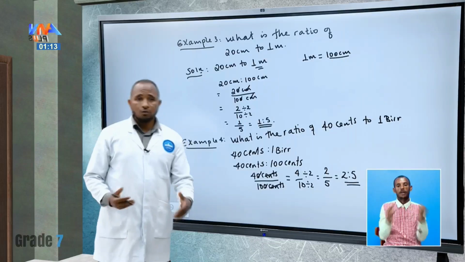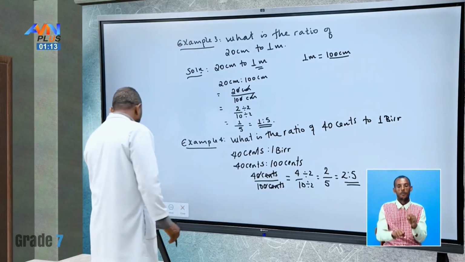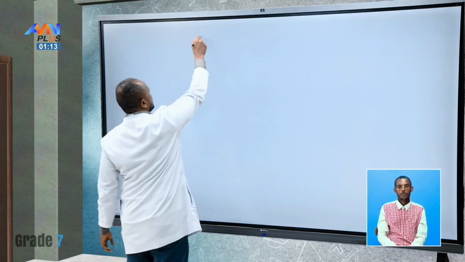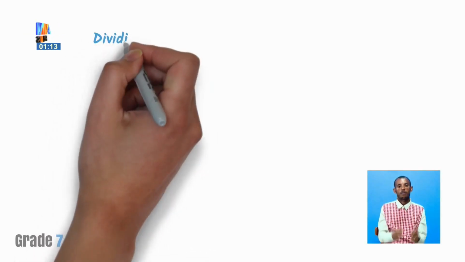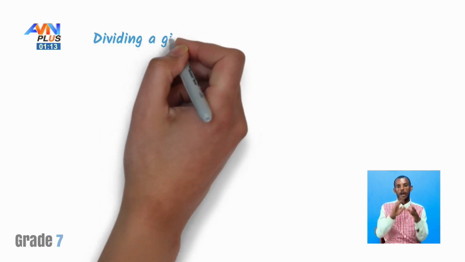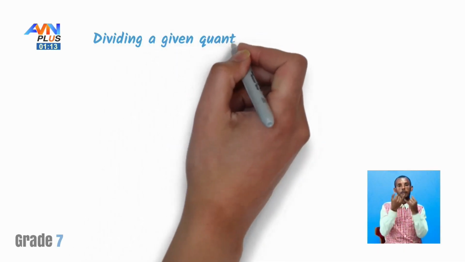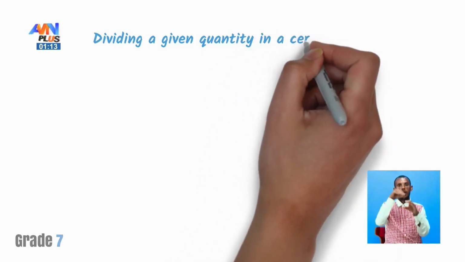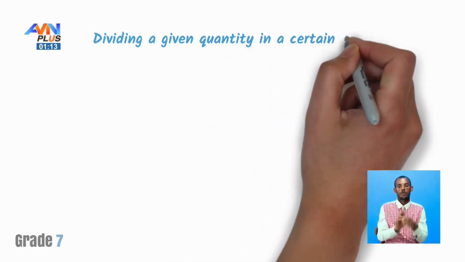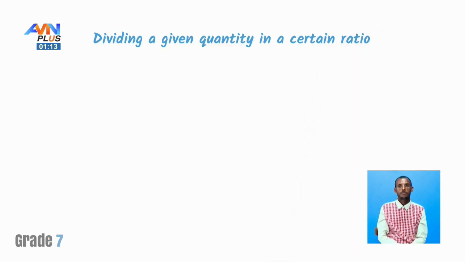Now, let's proceed to the next part: dividing a given quantity in a certain ratio.